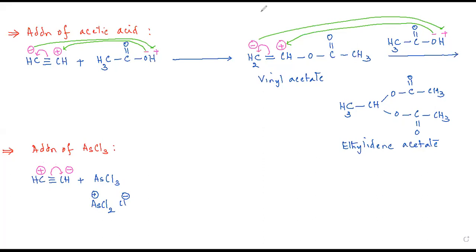Now, yes, it is minus to plus, then minus to plus. They're all very simple. See, here we get Cl, CH, double bond, CH, AsCl2.